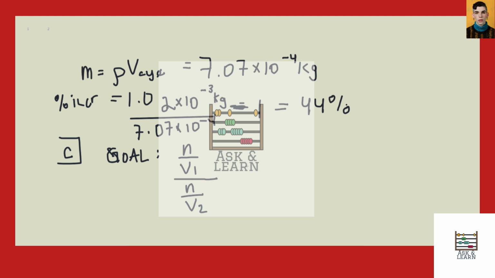And so, if you do this ratio and then you use the ideal gas law, you'll find that this ratio is P1 over P2 times T2 over T1. So let's think about that. We have the initial pressure, we have the final pressure, we have the initial temperature because it starts at room temp, or is it room temp?